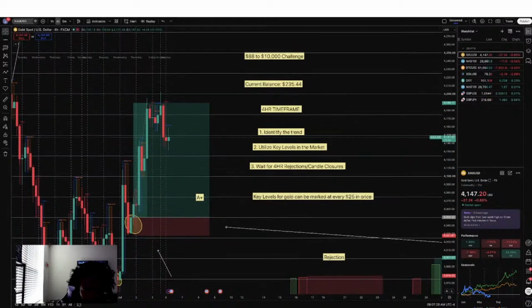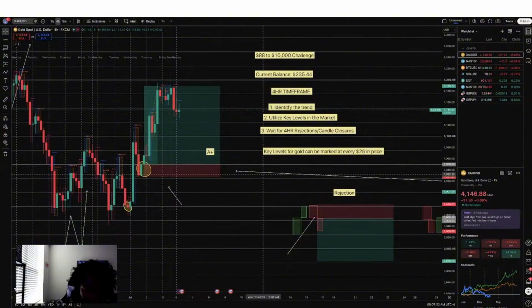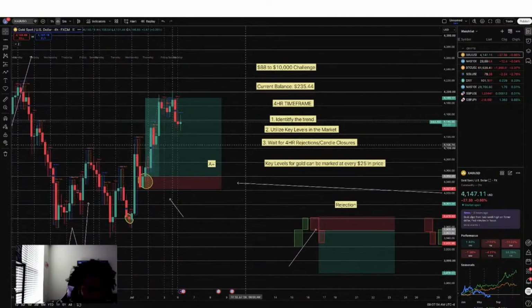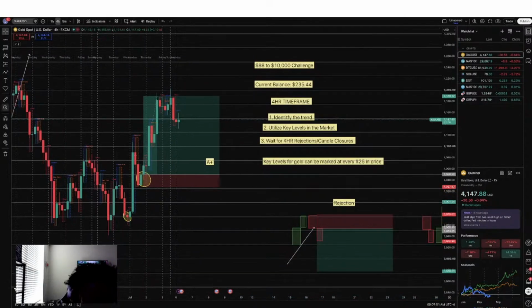Another thing I learned on how to predict the next wave when swing trading: I'm going to clean up some of these arrows. The next way I predict my take profit points is, after this shift in structure right here, you can clone it.